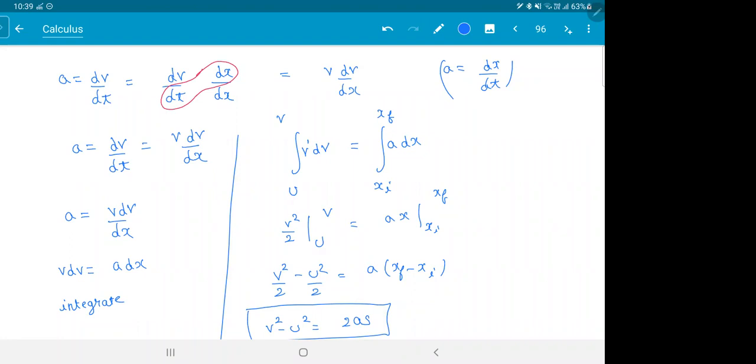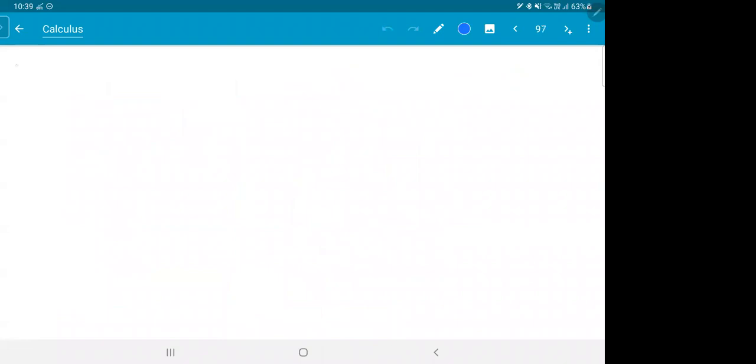Now let's see what they asked in the exam. The body has acceleration a equal to time. It's not constant, meaning when time is 0, acceleration is 0. When time is 1, acceleration is 1. When time is 2, acceleration is 2, and so on.